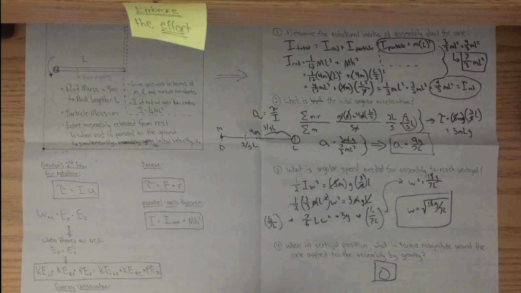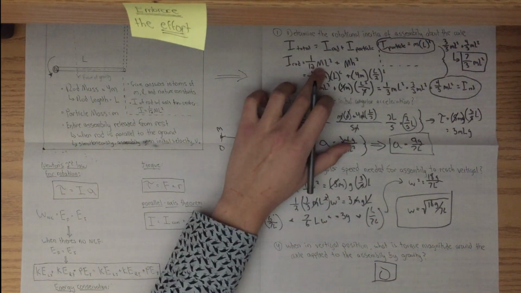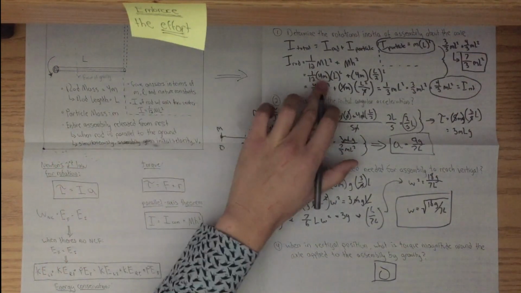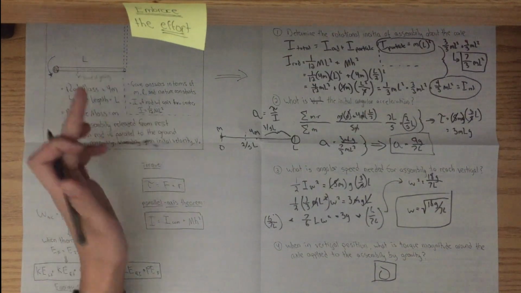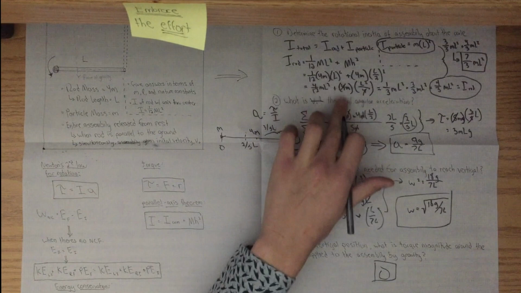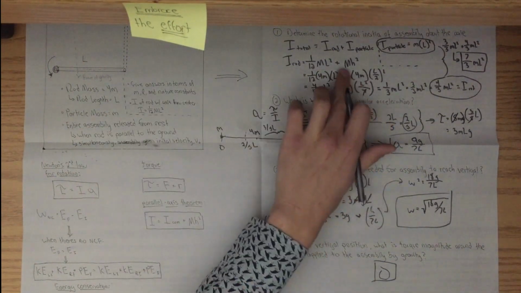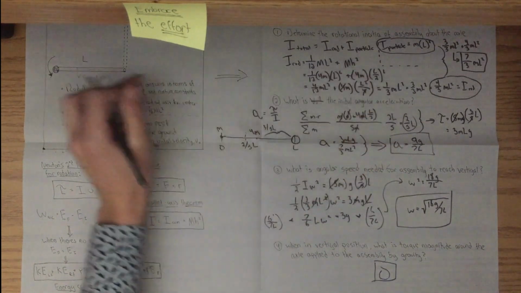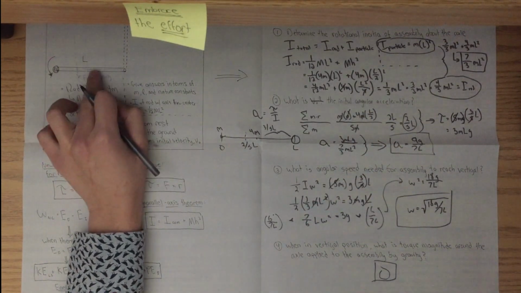And now let's substitute in some of the information we know. 1/12 ml squared, m is asking for the mass. Well, we know that the rod mass is 4m, and L is asking for the length, and we know that L is just simply L. So 1/12 times 4m times L squared, plus, again asking for the mass, 4m, times the distance that our rotational axis is, how far it is removed from the center of mass.